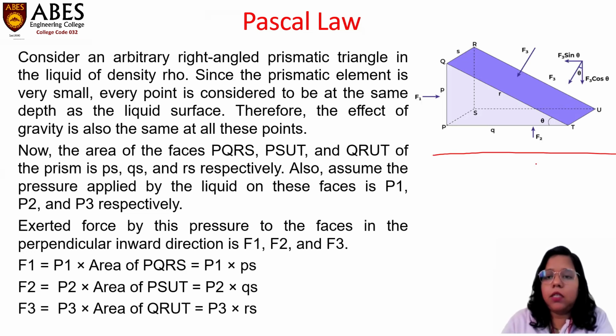So, consider three faces. First, we are considering the face PQRS. The small p is the dimension of PQ and the small s is the dimension of QR. So the area of PQRS is p multiplied by s.